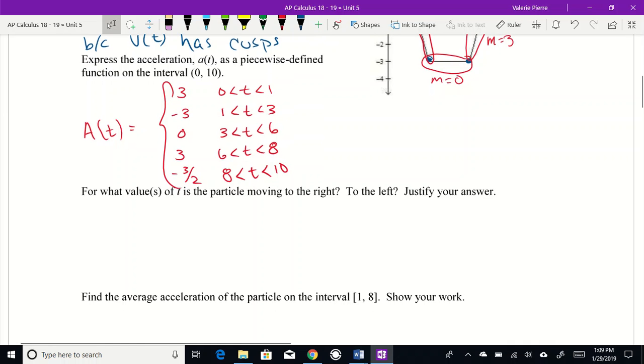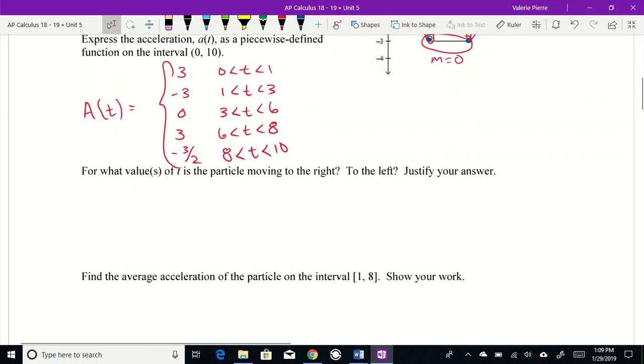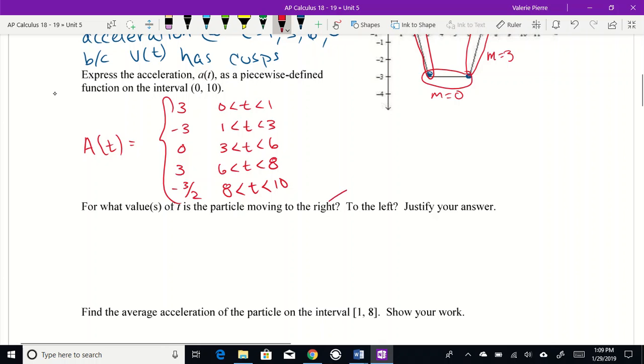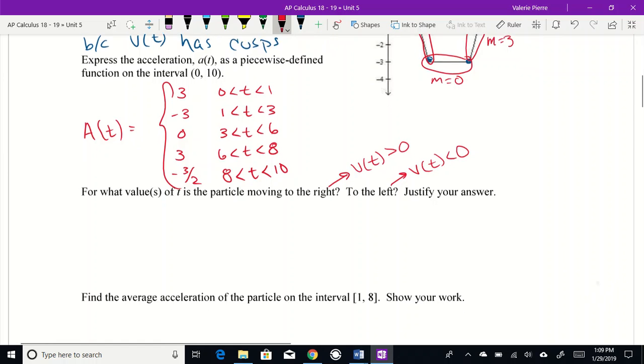Next we want to determine for what values of t the particle is moving to the right, to the left. Remembering that a particle is moving to the right when v of t is greater than 0, and to the left when v of t is less than 0, answer this question on your own.